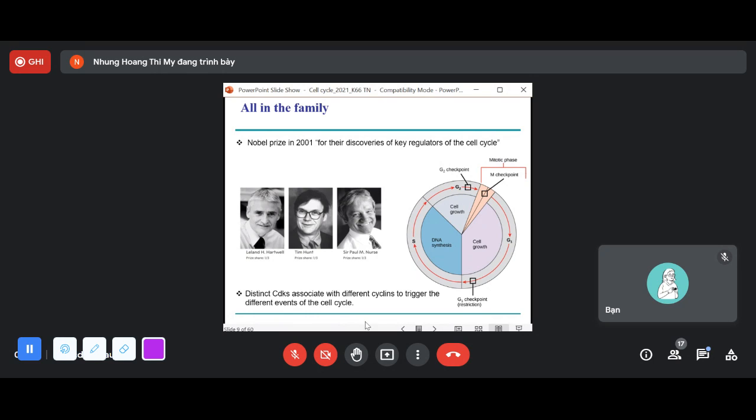Another type of cyclin and CDK was isolated, whose concentration or activity, respectively, rose and fell at other stages during the cell cycle.